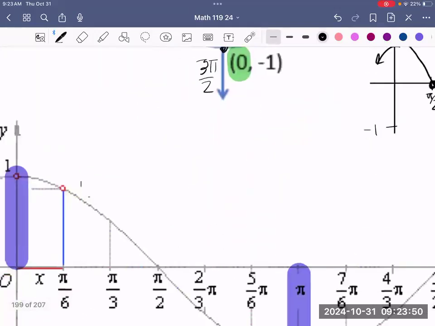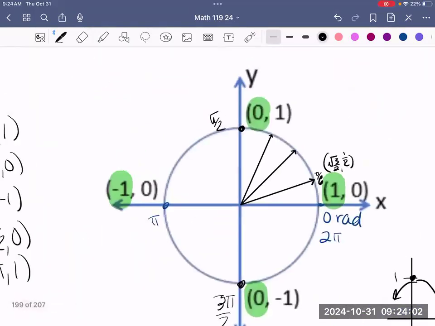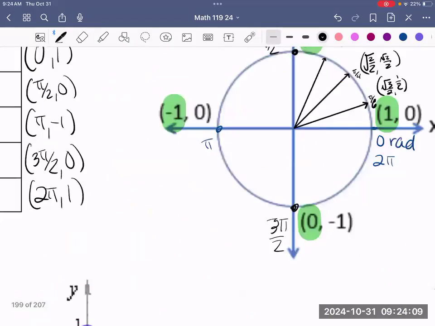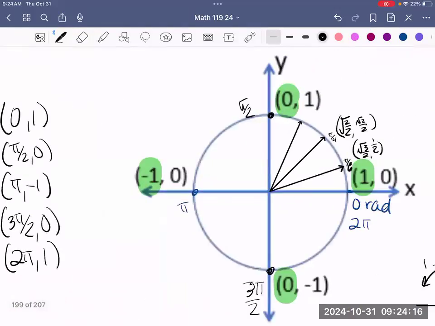So root 3 over 2 should be just slightly under 1. And you'll see that here at pi over 6. At pi over 4, we're at root 2 over 2 and root 2 over 2. So a little bit less than root 3. And then at pi over 3, we're at 1/2 and root 3 over 2.